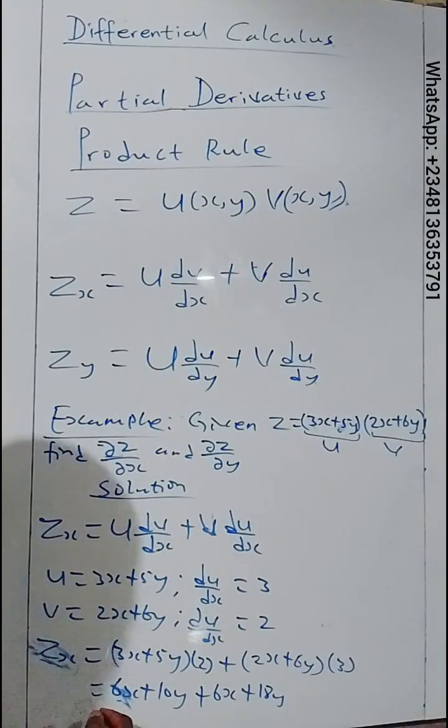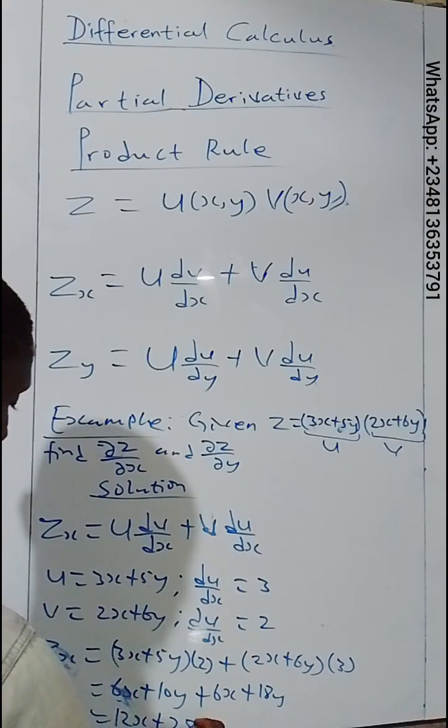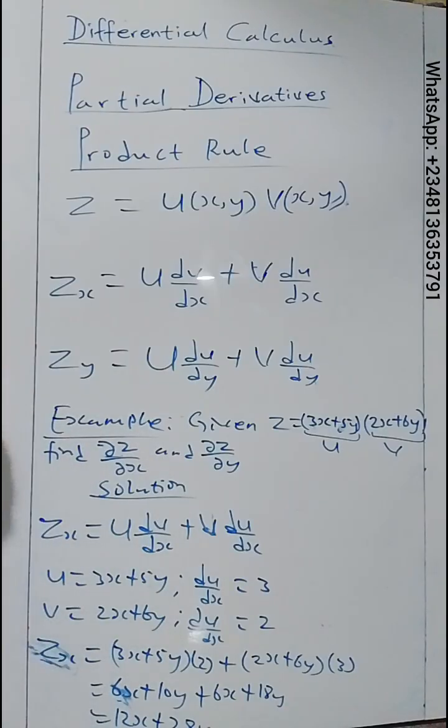Then we simplify further. 6x plus 6x is 12x, and 10y plus 18y is 28y. This is the final answer for the partial derivative of z with respect to x: 12x plus 28y.